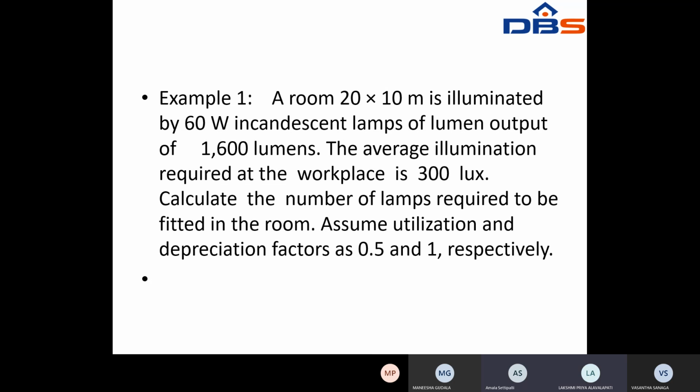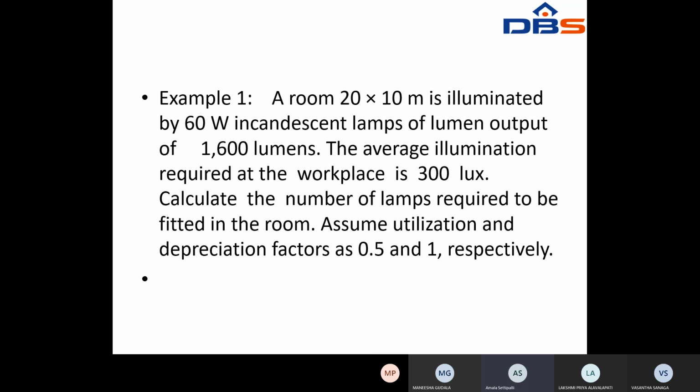All of you please note the problem. The room has dimensions 20 into 10 meters and is illuminated by 60 watts incandescent lamps, each giving an output of 1600 lumens.